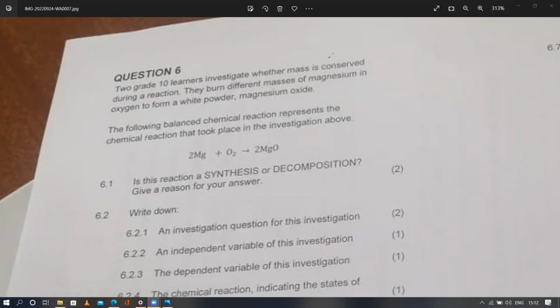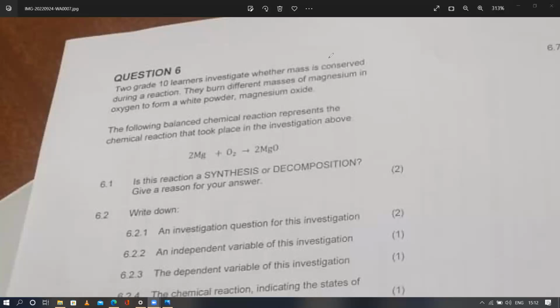Okay. So basically, they say two grade 10 learners investigate whether the mass is conserved during a reaction. They burn different masses of magnesium and oxygen to form a white powder, magnesium oxide.